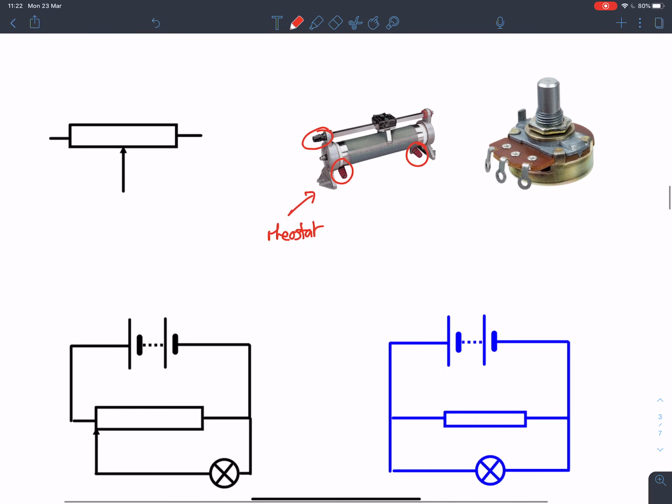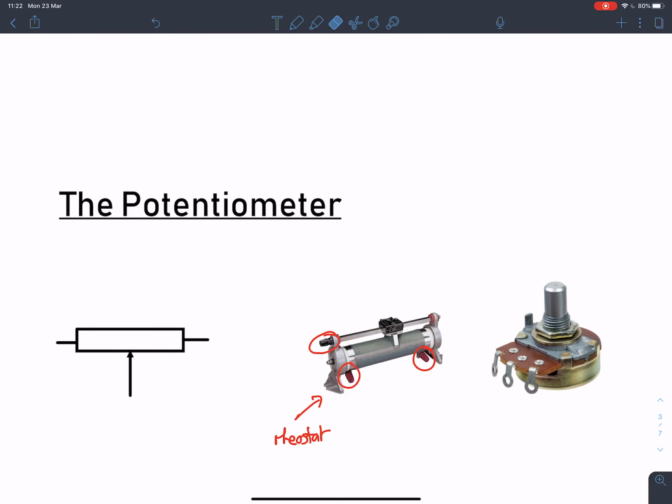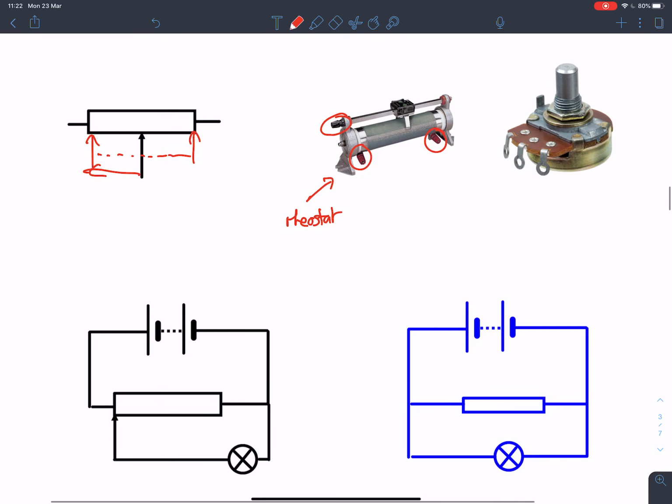So why is this useful? Well, I've got a little setup here. This 3rd leg can be slid all the way along from here up to here. So this can be moved. If I slide this all the way over to the left-hand side, what does that mean? That's going to give us this situation here on the left in black. So this leg has been slid all the way over to the left-hand side.